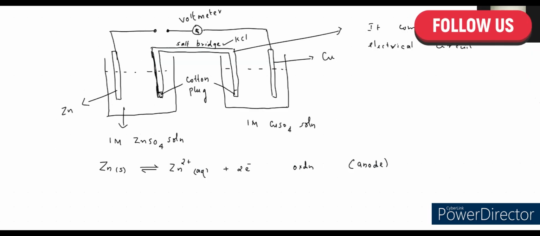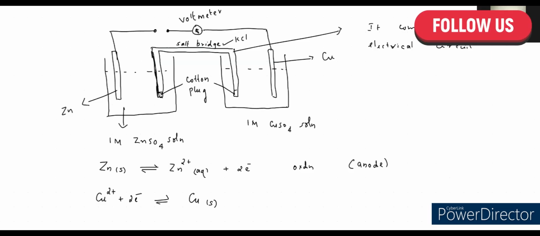On the other side, the spontaneous reaction is Cu2 plus copper ions from solution taking up two electrons and becoming Cu metal, solid. Copper atoms are produced; copper ions become copper.